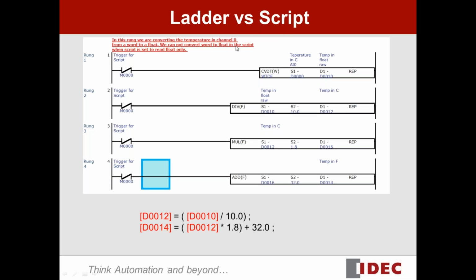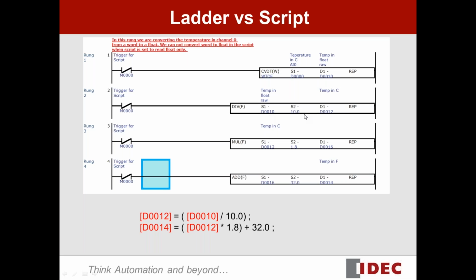So what is ladder versus script? This program right here that you see in ladder is exactly the same thing as this down here on the bottom written in script. You're taking a data word, converting it from D0 to D10.